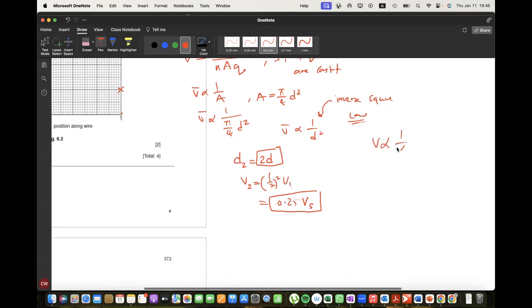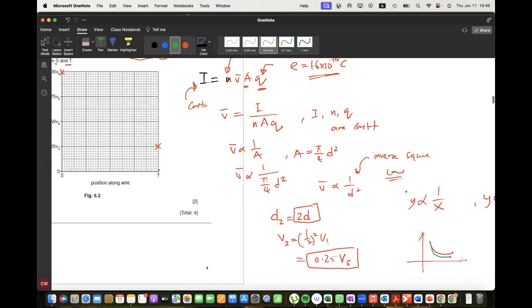If you see something like this, the graph will be like this. If there is a square, the graph will be even lower. So same type of graph. So the graph will be a curve. Okay or not? Curve. Just draw the curve.